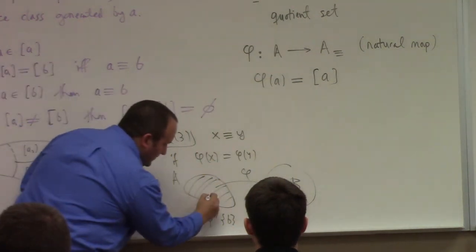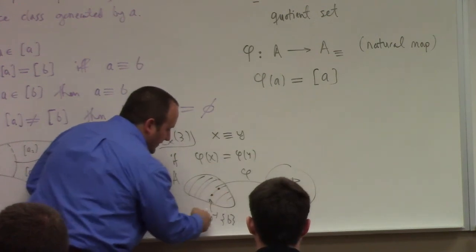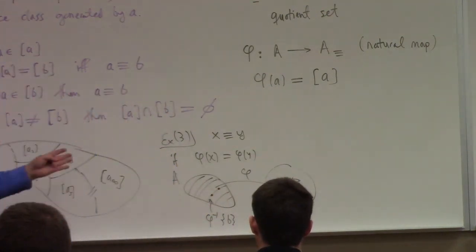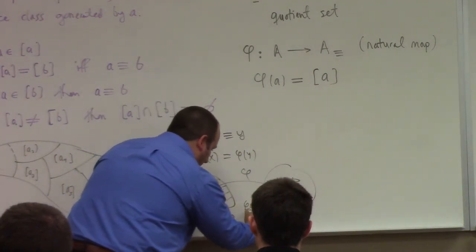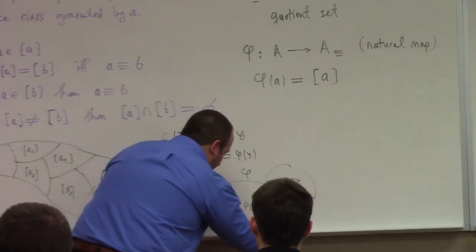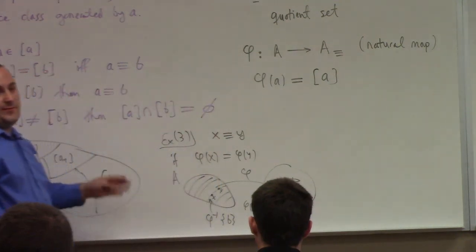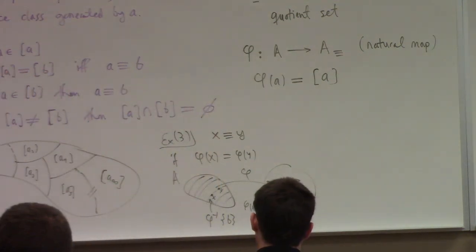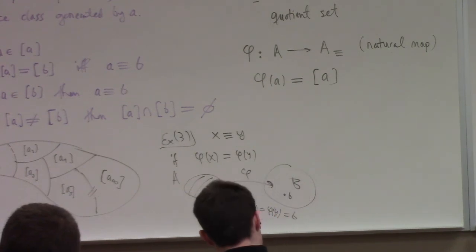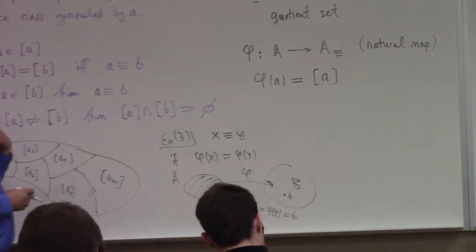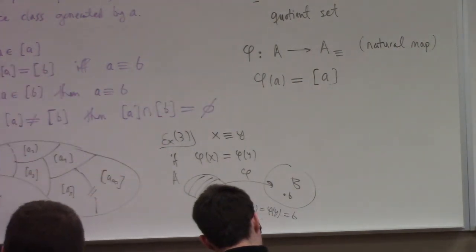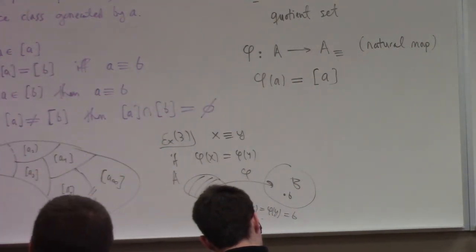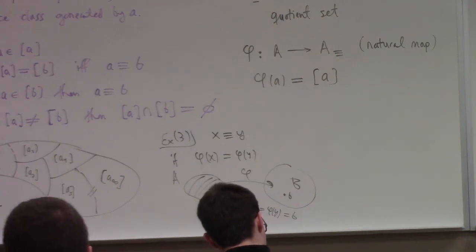So if you have two points on a fiber, it means that phi of x and phi of y are both equal to B. They both map to B. So this kernel equivalence is what I sometimes call the fiber equivalence. And he kind of makes this ultimate point, which is that any partition can be seen as arising from the kernel equivalence of some map.